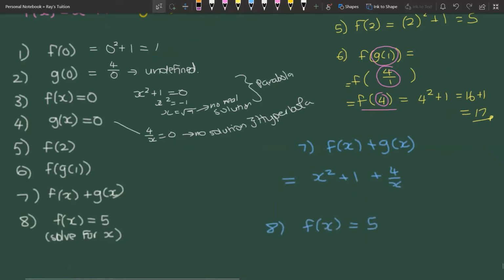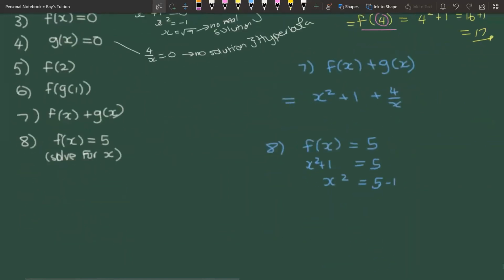So f of x is x squared plus 1, it's equal to 5. So x squared is equal to 5 minus 1. And x squared is equal to 4. So x is equal to the square root of 4, which is plus or minus 2. So you get 2 solutions for that one.